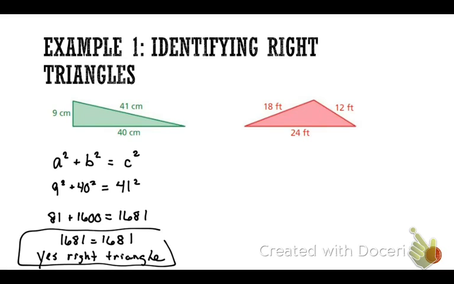All right, so now let's look at the red triangle. Same formula, a squared plus b squared equals c squared. I want you to try to plug in the numbers where you think they go in the formula. I'm just going to pause here for a sec.